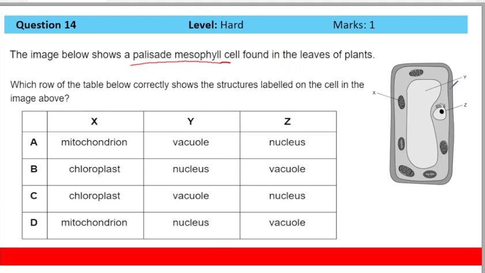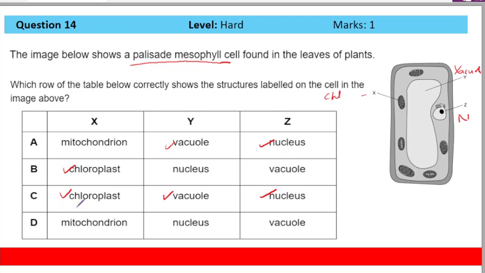Now we can see the parts. X is chloroplast, Y is vacuole, and Z is nucleus. So X is chloroplast, Y is vacuole, and Z is nucleus.